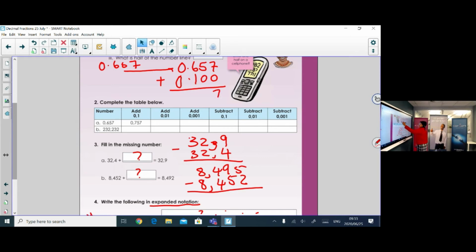So here it's 757, and the answer there, that's why they having that number over there. So we are also going to practice adding 0,1, 0,01. We're going to subtract similar answers there. On a different number, we are going to add the numbers over there.